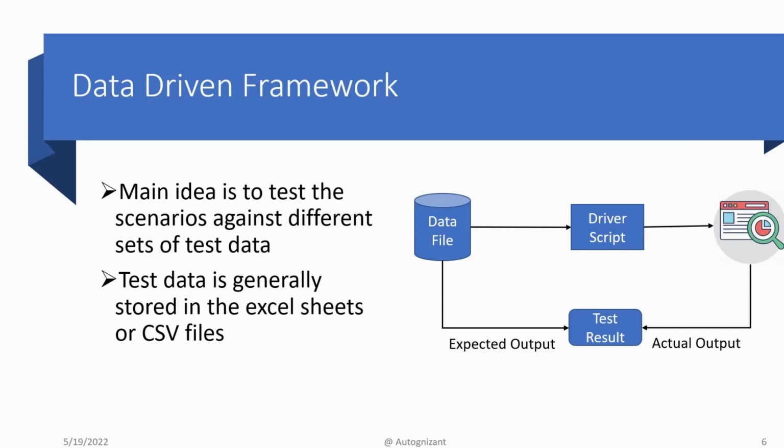So if we look at the diagram, we can see there is a driver script which accepts a data file and which executes the automation scripts against each data set in the data file. And later it compares actual output with expected output and writes the test results in the output file.